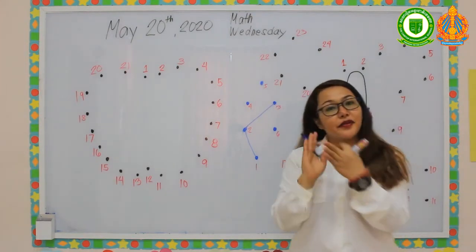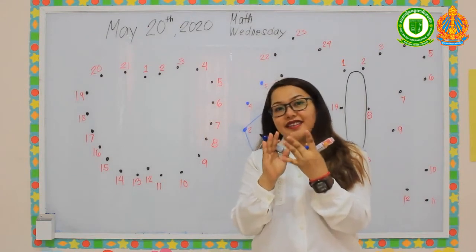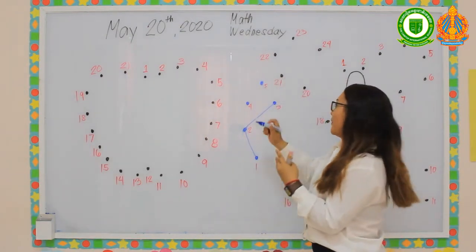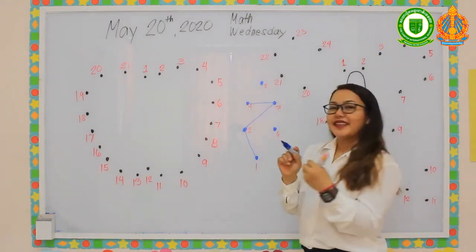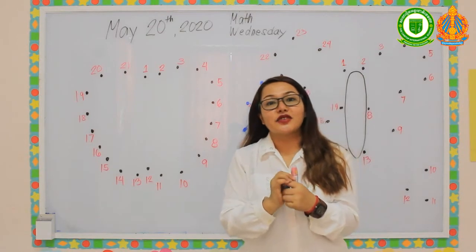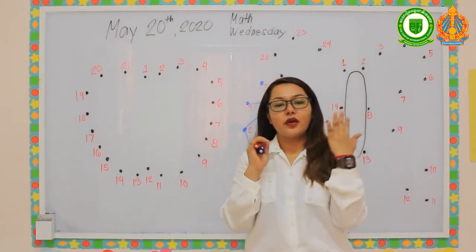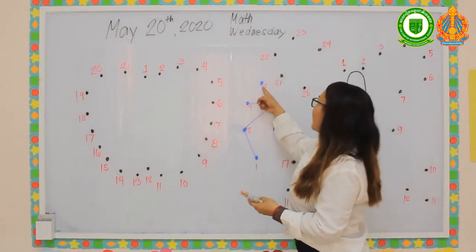What's next to number 3? 1, 2, 3, 4. So we're going to draw a line from number 3 going to number 4. Let's draw a line going to number 4. And what's next to number 4? We have number 5. So 1, 2, 3, 4, 5. And where's number 5? This one.